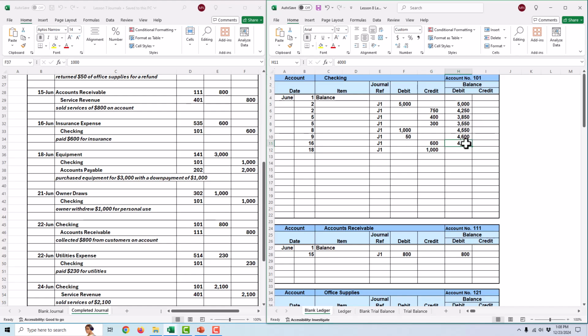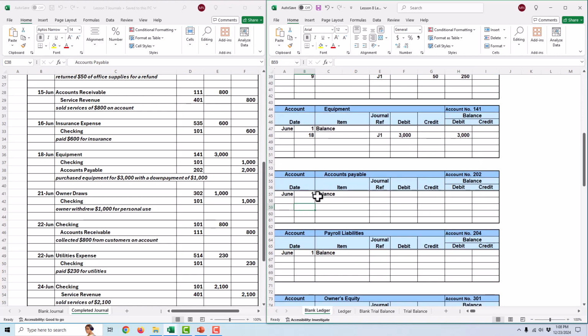And I would take the $4,000 debit balance that was already there minus the $1,000 credit from this transaction to give me a $3,000 debit balance. And then there was a credit to accounts payable. Accounts payable had a 0 beginning balance, and I would just add this transaction. It was a $2,000 credit, and since there's no prior transactions or prior balance, the running balance would also be a $2,000 credit.